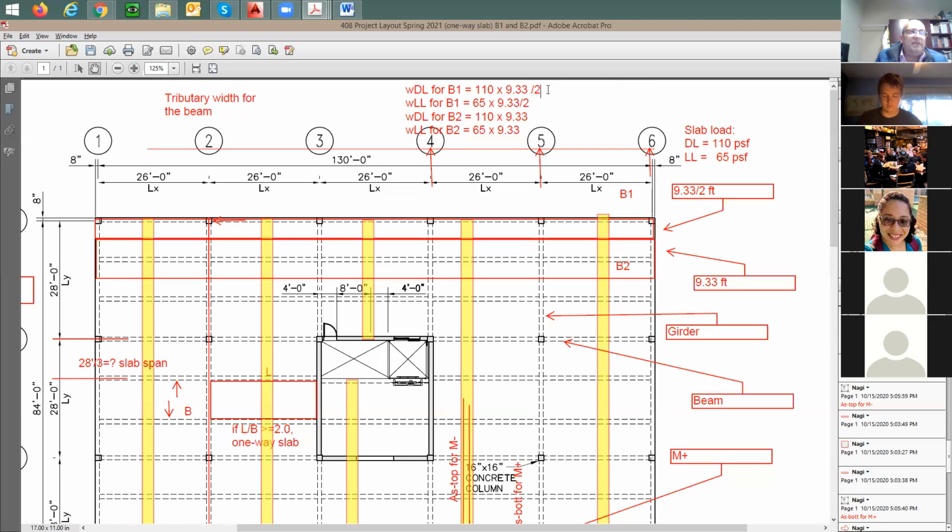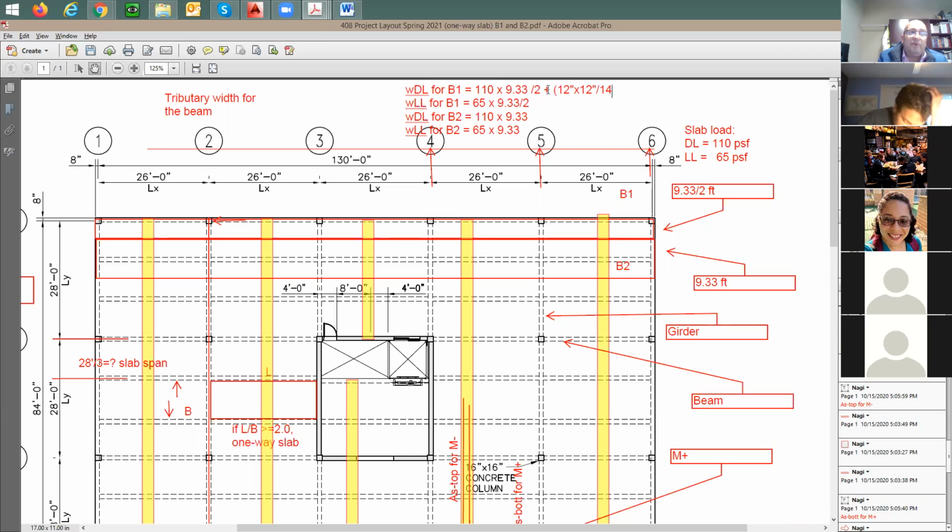We're going to say here, I need to add the component of the beam weight. So we're going to say here, the width is going to be 12 inches times the depth of the beam from the slab is going to be 12 inches. I need to put this in terms of square feet.